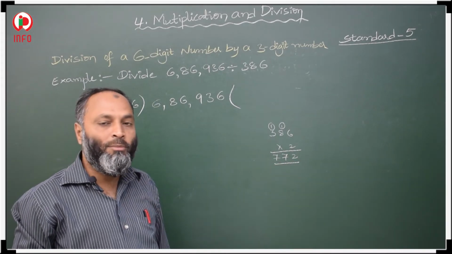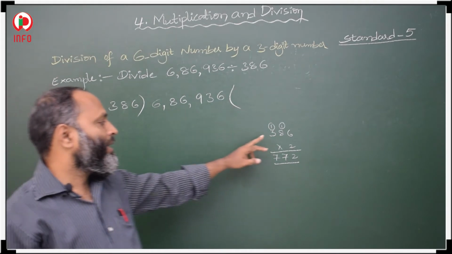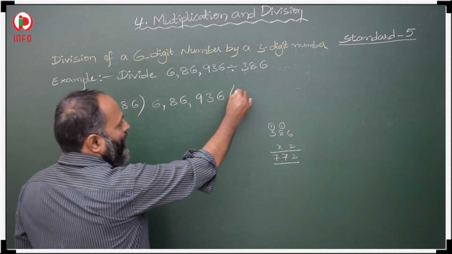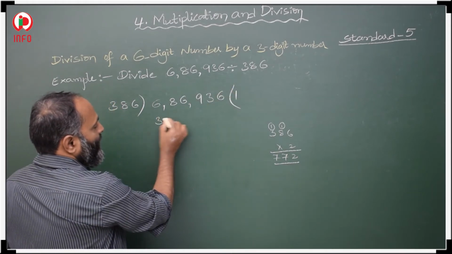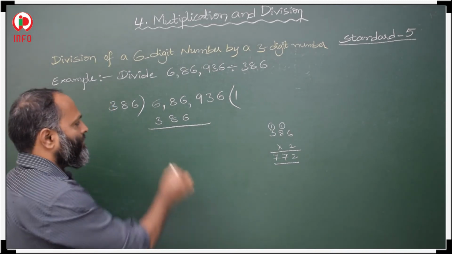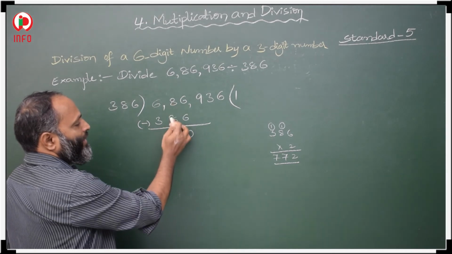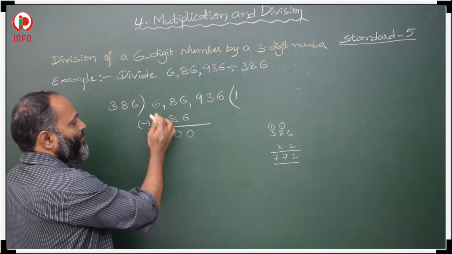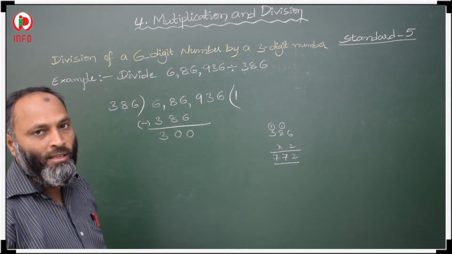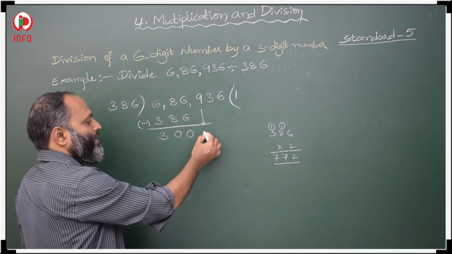It is bigger than this, so no need to take 386 twos. 386 ones are enough. 386. Then minus: 6 minus 6 is 0, 8 minus 8 is 0, 6 minus 3 is 3, 300. So what is your answer? 300. Now you copy the very next number. So what is that? 9.